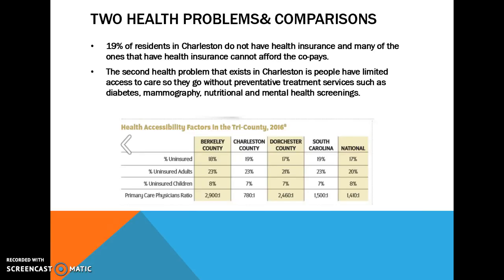And this chart just shows the average amount of people in the surrounding counties in comparison to the state of South Carolina that are uninsured and have access to care problems.